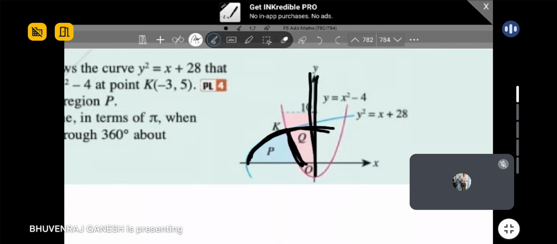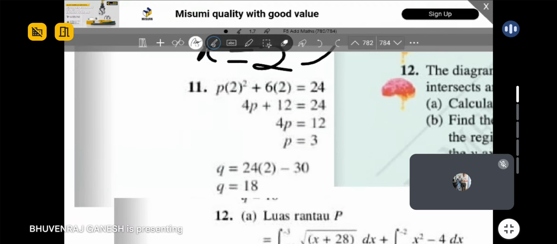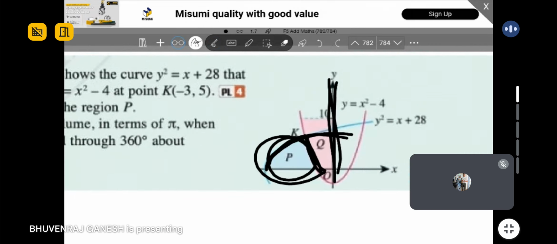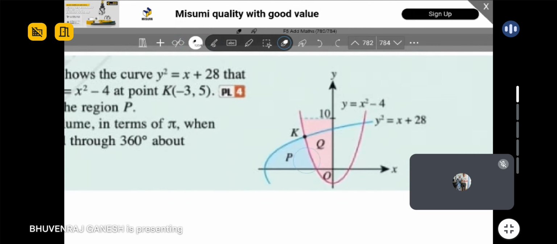Then you will get the P region. Also can, you will get the same answer. But always, which axis we choose depends on how easy it is to solve. Macam mana yang mana lebih senang. So P lebih senang. So that's why we choose P.